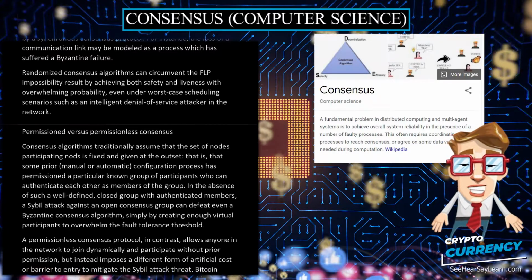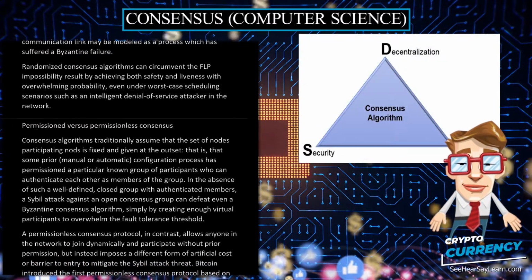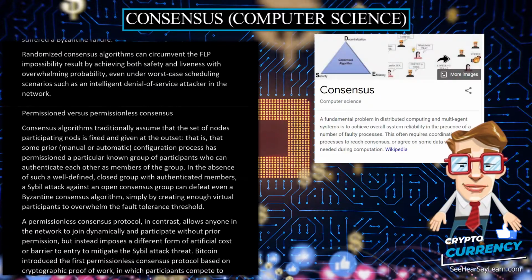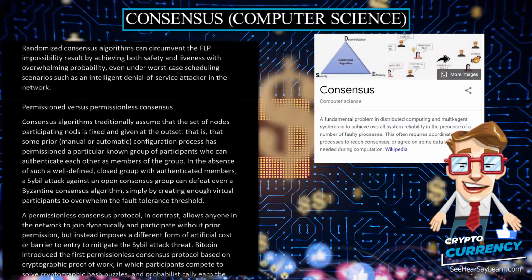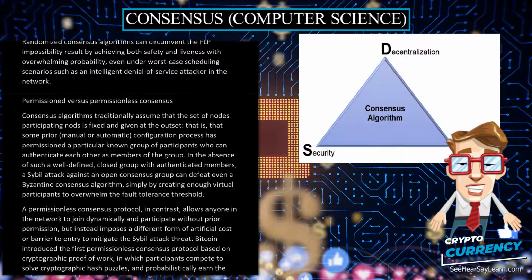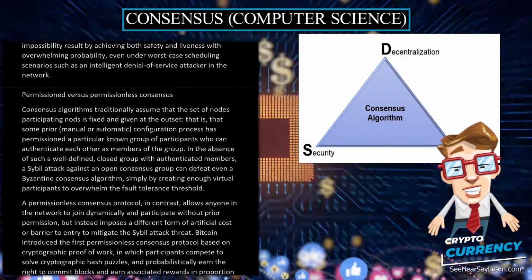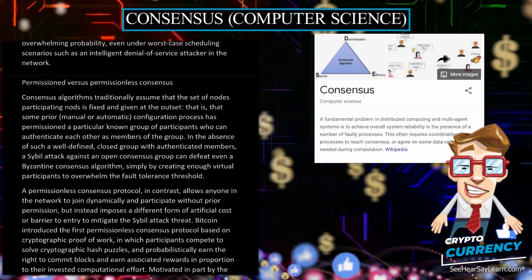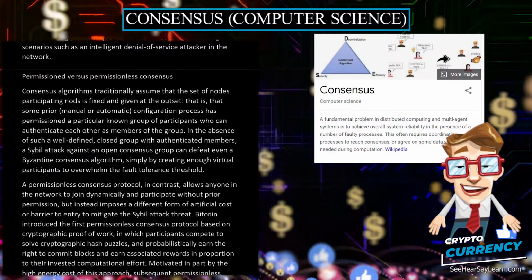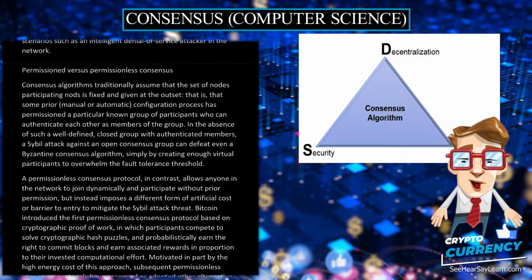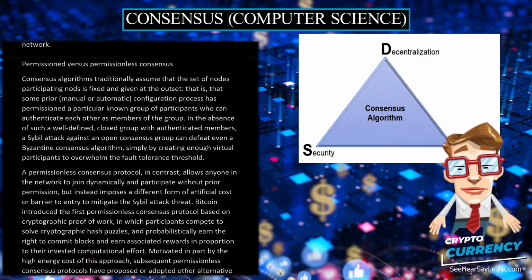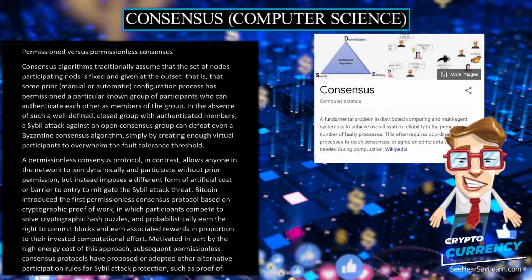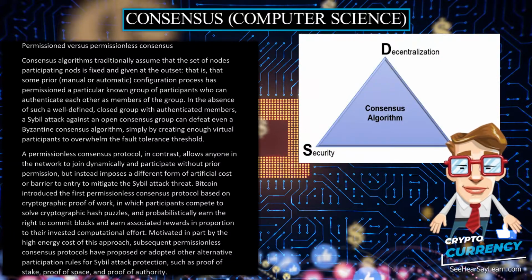A permissionless consensus protocol, in contrast, allows anyone in the network to join dynamically and participate without prior permission, but instead imposes a different form of artificial cost or barrier to entry to mitigate the Sybil attack threat. Bitcoin introduced the first permissionless consensus protocol based on cryptographic proof of work, in which participants compete to solve cryptographic hash puzzles, and probabilistically earn the right to commit blocks and earn associated rewards in proportion to their invested computational effort.